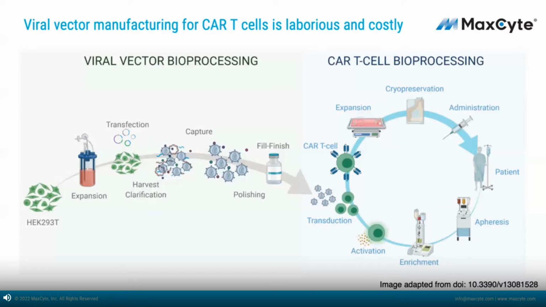You can see this is a quite complicated process, and there's a very complex supply chain and overall amount of work that goes into this, which dramatically increases the overall cost and time for manufacturing CAR T cells.